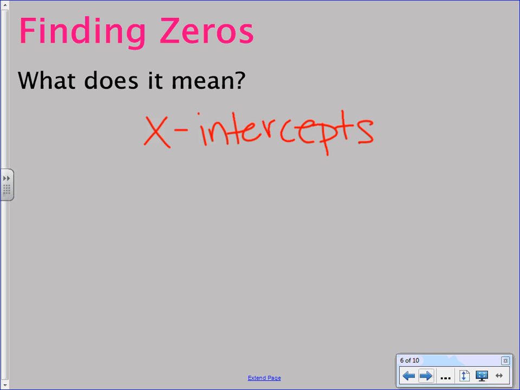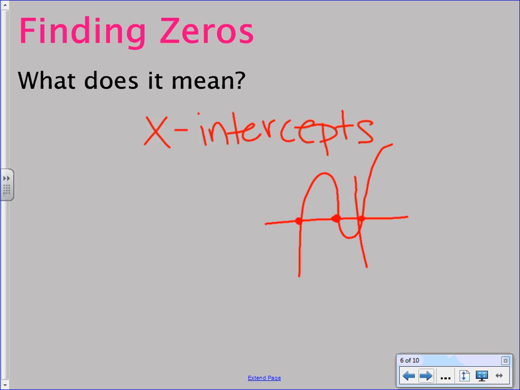Okay, yes, your example was specifically for a line, but you're on the right track. If we are talking about any sort of graph, what is the y value at those 3 spots where we hit the x-axis? 0. Okay, that is why we call it finding zeros.